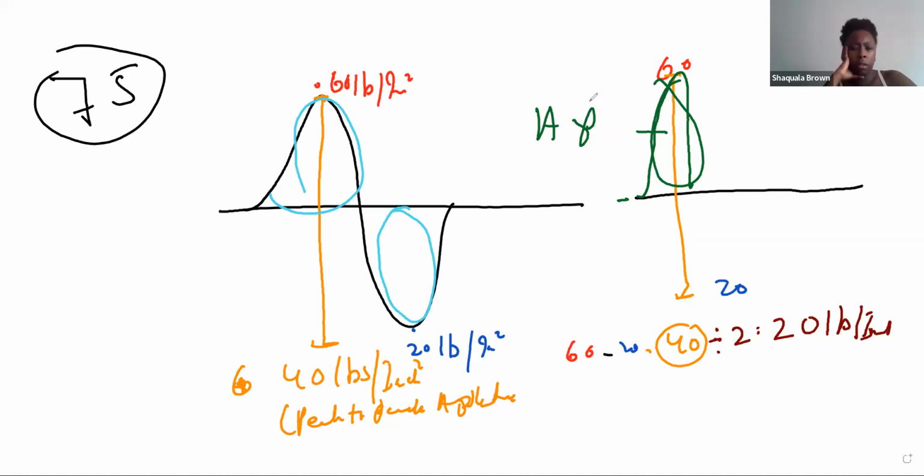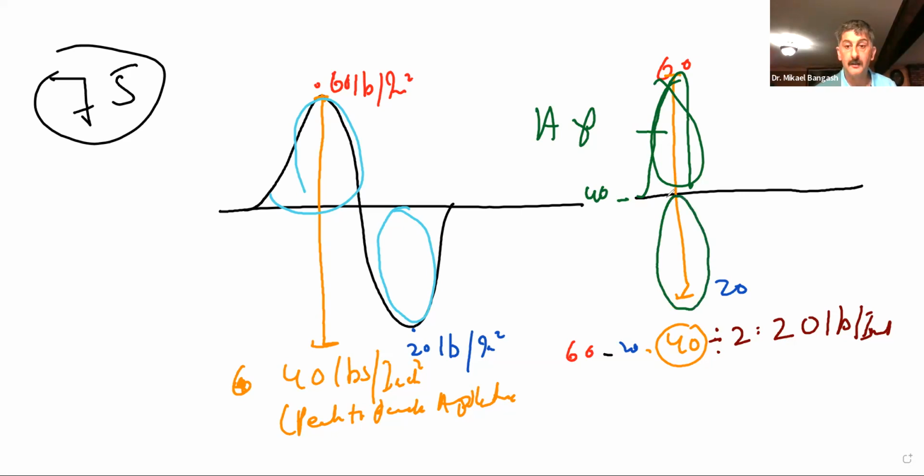Yes. Here the difference from the average to the peak is just 20. So either this is the amplitude or this is the amplitude.